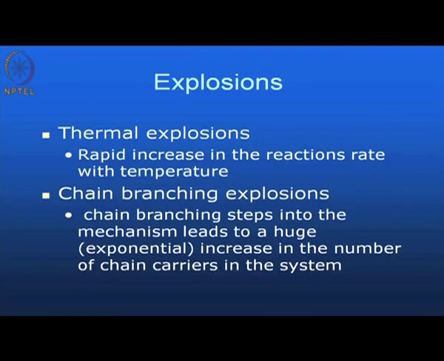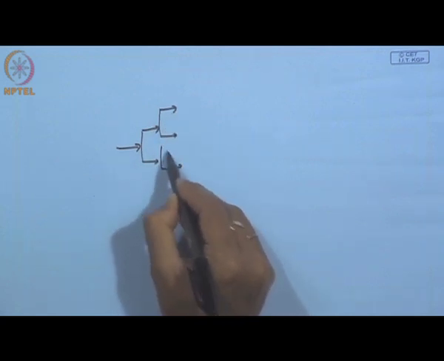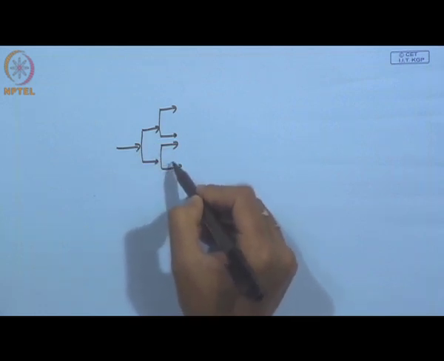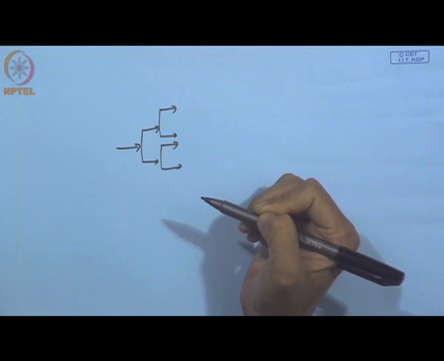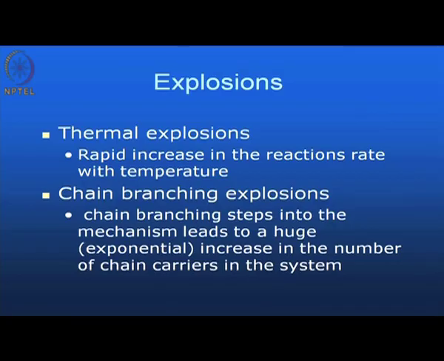When steps in the mechanism lead to a huge, maybe exponential increase in the number of chain carriers in the system, as I showed you, it is a huge increase. Initially 1, then 2, 2 becomes 4, 4 becomes 8, and so on. So, it increases hugely, and that leads to explosion.